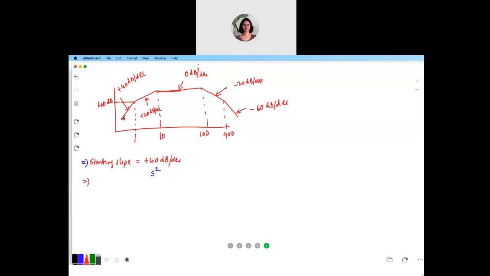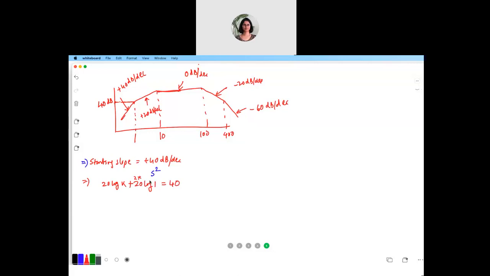What's the next step? Magnitude is known at omega equal to 1. 40 dB is the magnitude. So how do I calculate? 20 log K. This is pole, so it is plus. Previously it was 0, so I had put a minus sign. Now it should be plus. Plus 20 log 1. This should be equal to 40. 20 into 2, sorry, 2 into 20 log 1.